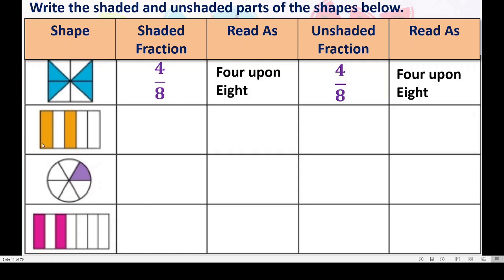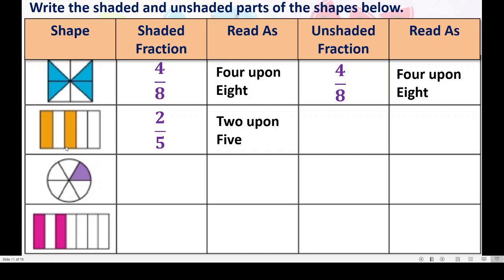Now here the second picture. 1, 2, 3, 4, 5. Total parts are 5. So the denominator will be 5. And the shaded portion is 2. So the answer is 2 upon 5. How to read? 2 upon 5. Correct? And the unshaded fraction.